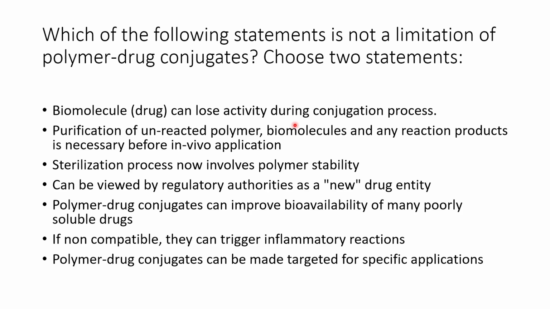Maybe a bad example, but let's say I want to target any other organ, let's say I specifically want to target this drug to the lungs. Can I do that? The answer is yes, mostly because you have a polymer that has a very large surface area, right?